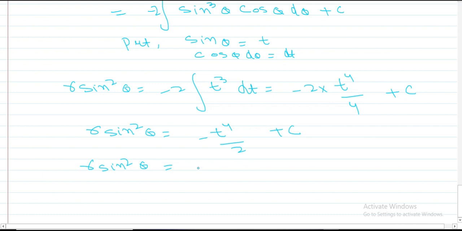That's r sin square theta equal to c minus, now we put back the value t equal to sin theta, sin 4 theta by 2, that's equal to 2c minus sin raised to the power 4 theta divided by 2, right?